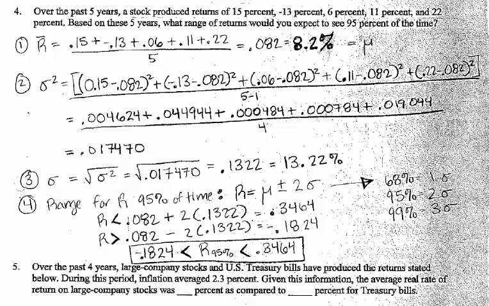Now, since this question asks for 95%, that's a good chance I might ask for 68% or 99% on the exam. And if so, you will want to change the equation from r equals mu, which is that funny looking Greek symbol there, which means nothing more than R bar, right, or average return.